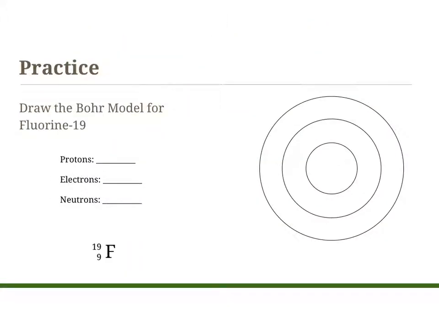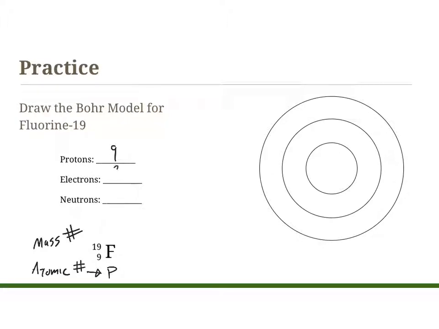So let's draw a Bohr model for fluorine, okay? Fluorine 19. A couple of things to remember: the number on top is the mass number, and the number on the bottom is the atomic number. The atomic number tells me the number of protons. The mass number tells me something else, so we're going to talk about that in a second. So in this case, we know that we have 9 protons.